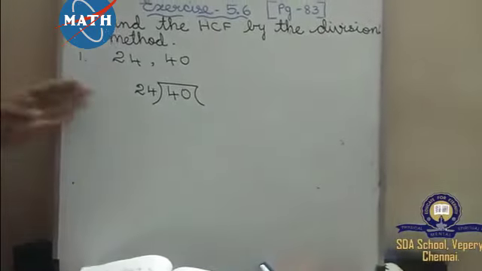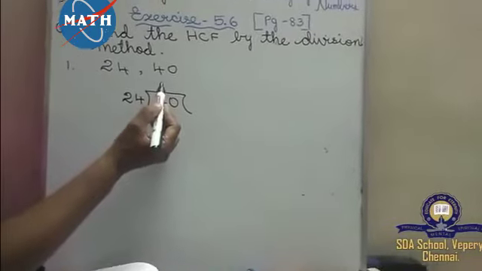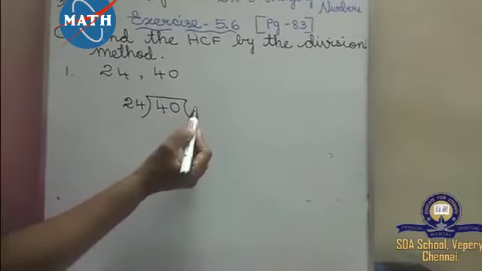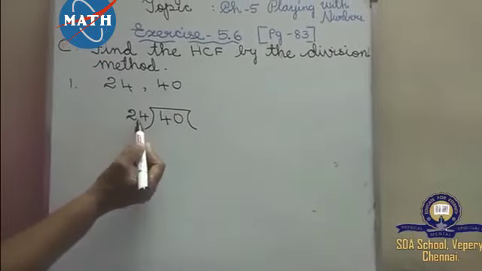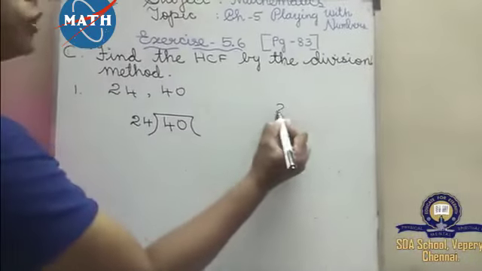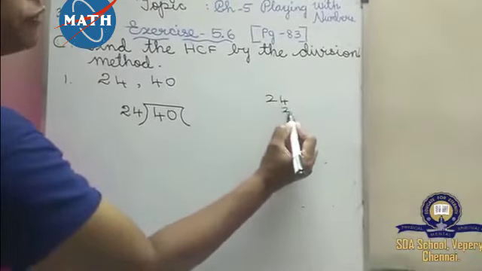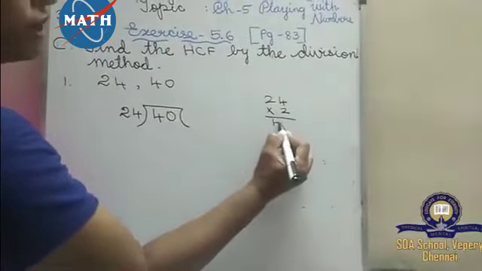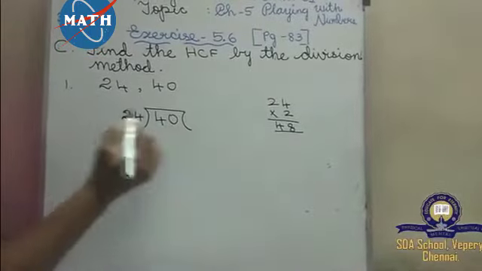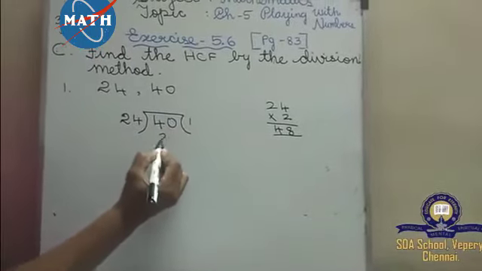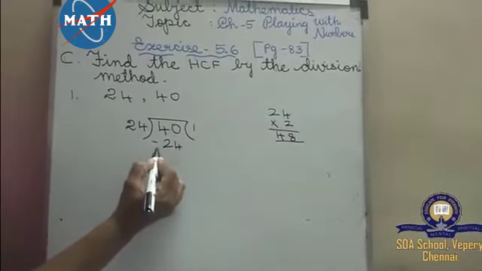So what we can do, we have to divide. Instead of putting the quotient above, you have to put it on the side. So here 40 is there, here 24 is there. So 24 ones are 24, and 24 twos are what, children? 48 will come. So can we put 48 here? No. So 24 ones are 24.